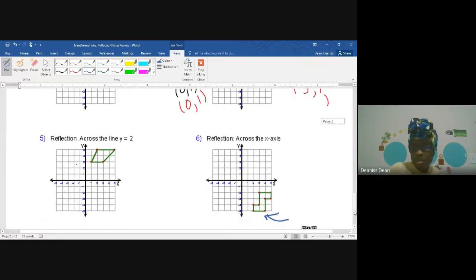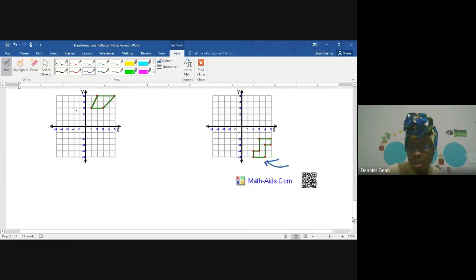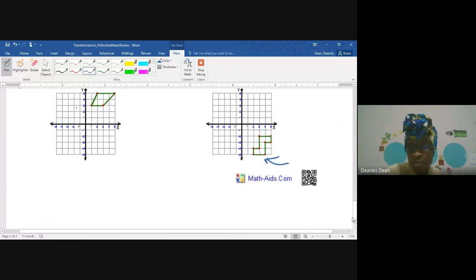Okay, so I'm just gonna pick a few of these points. I'm gonna do this one right here. That's the point 4, -5. This one is the point 5, -3. This one is the point 5, -2.